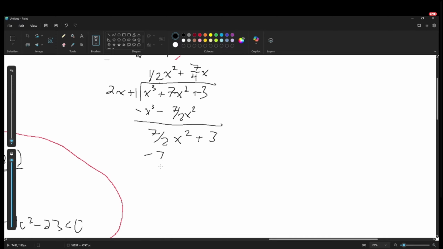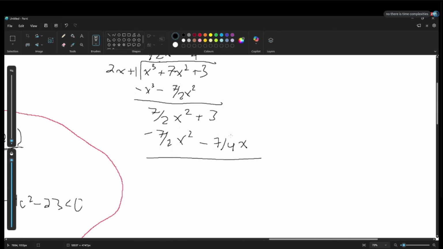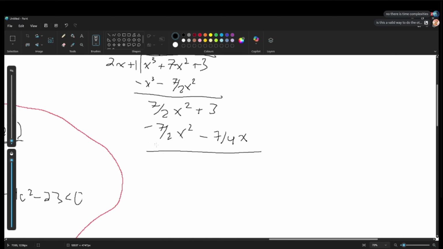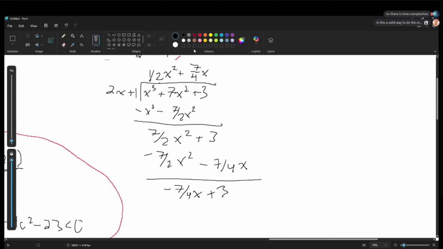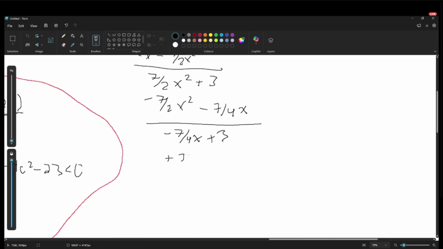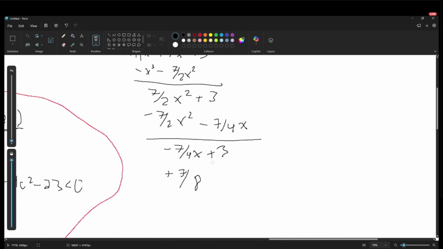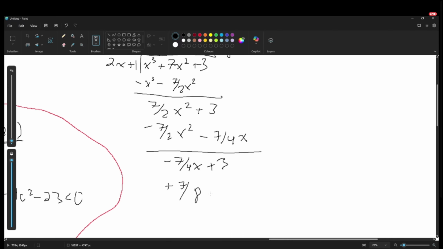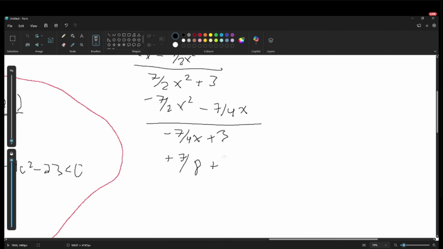So this is minus 7/2 x squared and minus 7/4 x, so it becomes 7/4 x plus 3, and you subtract 7/8, so this is plus 7/8.